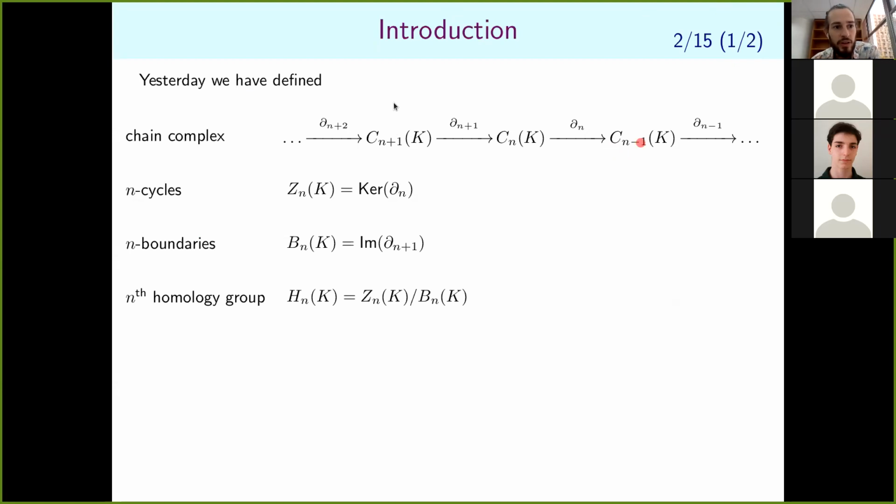We talk about chain complexes, that is the sequence of vector spaces that are the n-chains connected by boundary maps, boundary operators. And thanks to these boundary operators, we defined the n-cycles, the n-boundaries, and the nth homology group, being the vector space quotient of the cycles modulo the boundaries.